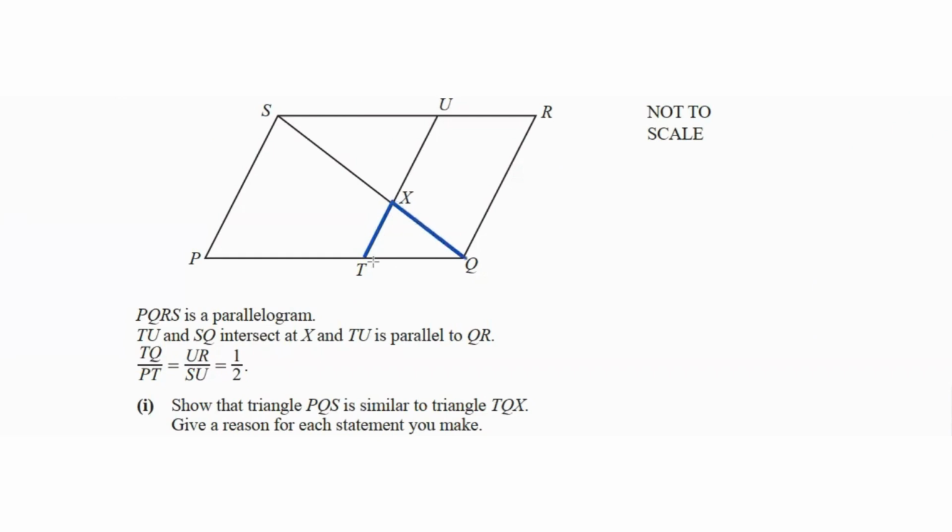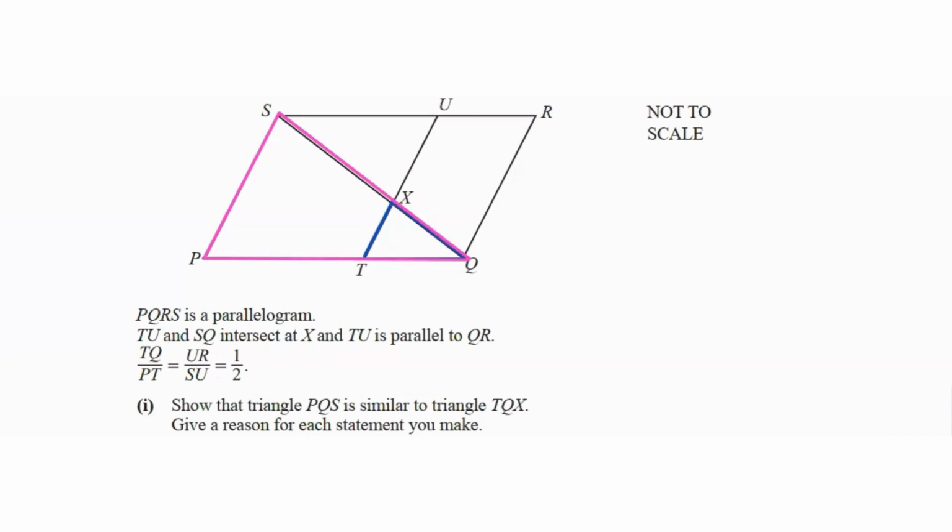TQX is similar to triangle PQS. So these two triangles are similar. And how do we prove it?